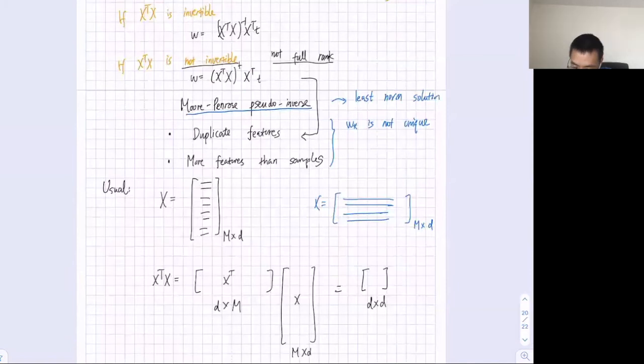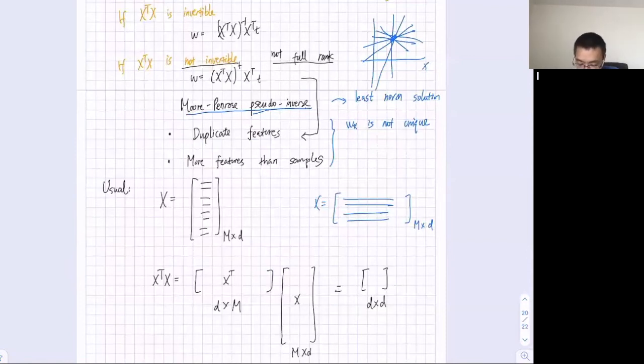Suppose I have one point and one feature, but I extend it by a trivial feature, which gives you a bias term. Now I have two parameters to estimate, b and w. You can fit infinitely many lines across this point. You have a perfect match, but the solution is not unique. The pseudo inverse gives you the solution that has the least norm.